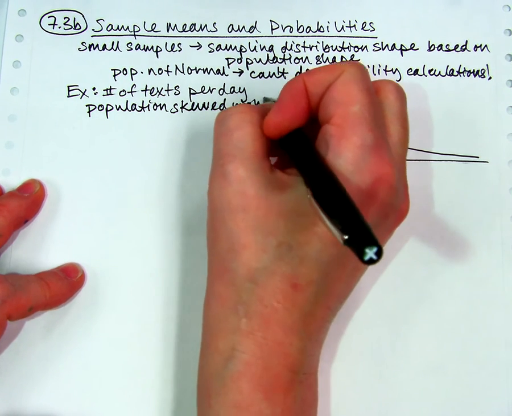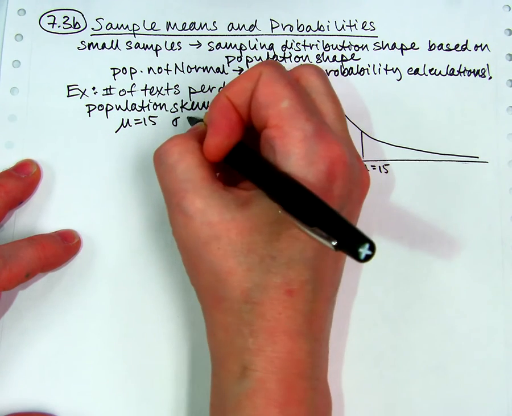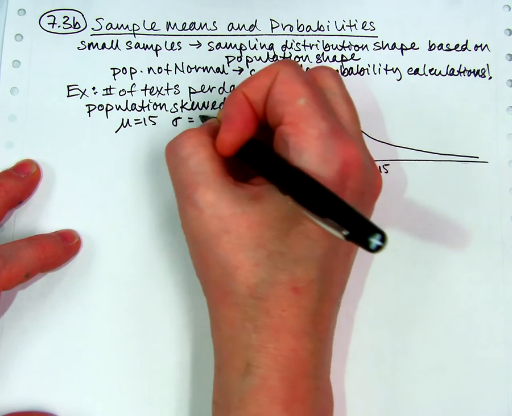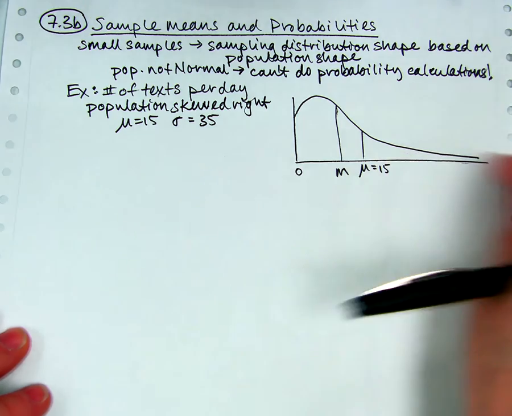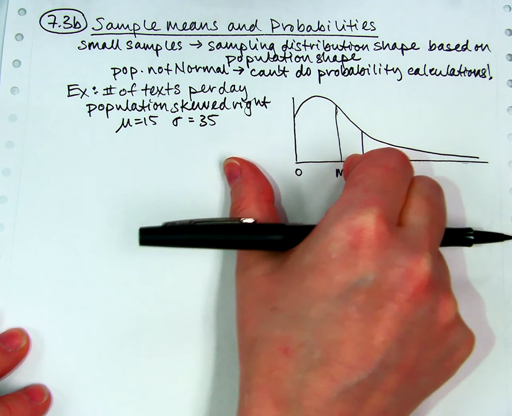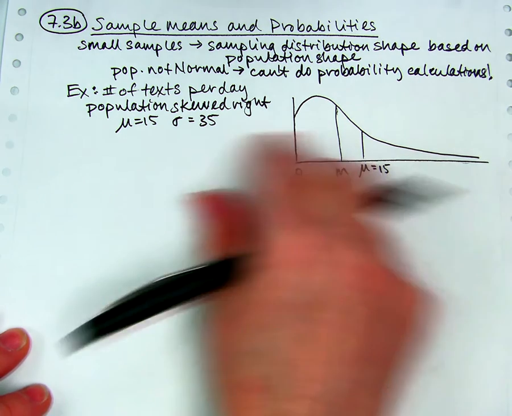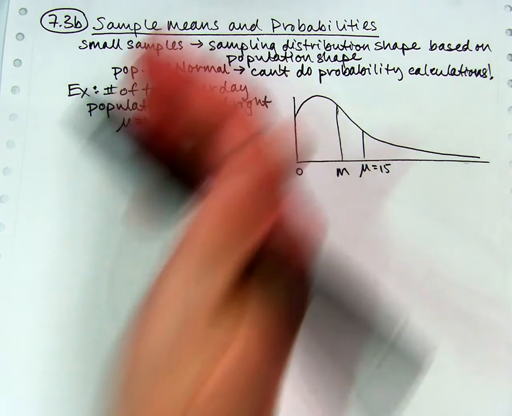It's skewed right, and the mean is 15, and the standard deviation is actually huge, 35, because this end is so spread out. You can't go one standard deviation below the mean because that's into the negatives, but that's just evidence that it really is skewed right. It's kind of weird because there's this wall at 0 that you can't go past.